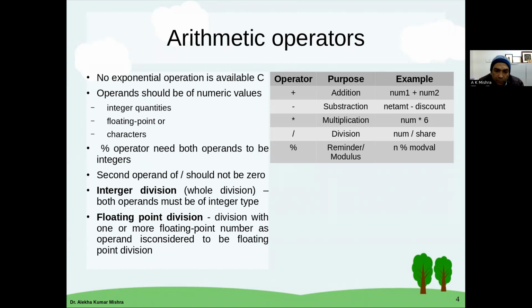In that case, the division will be a floating point division, meaning the decimal parts will not be truncated, unlike integer division. We'll see an example of this in the later part of this slide.